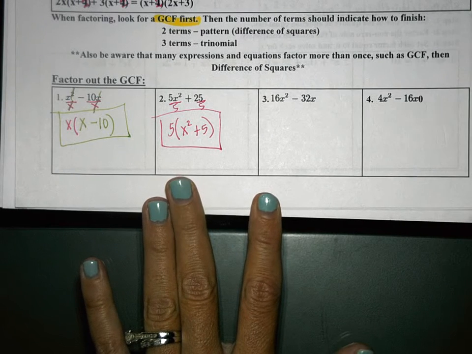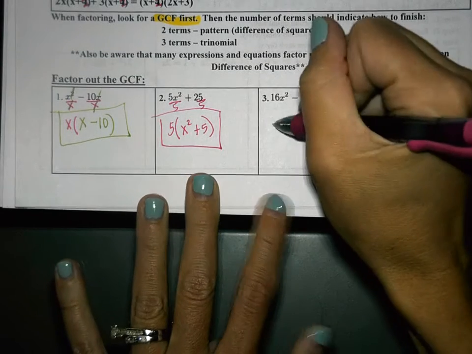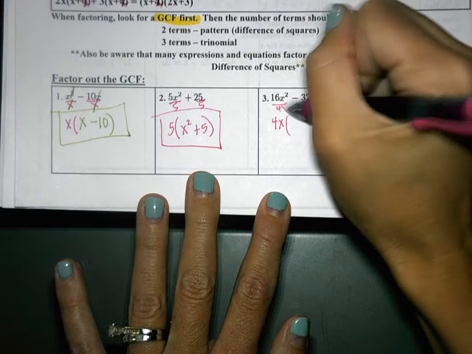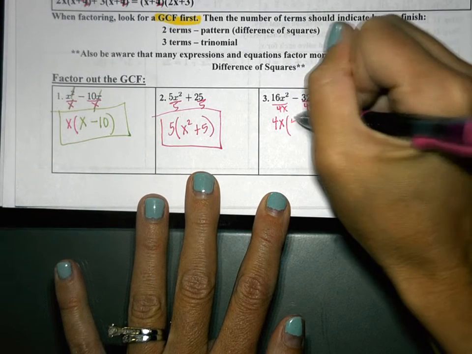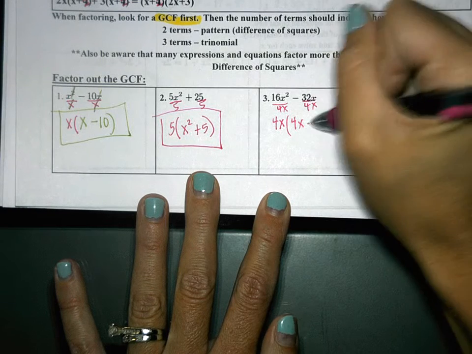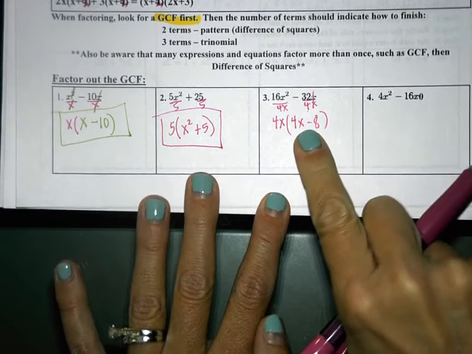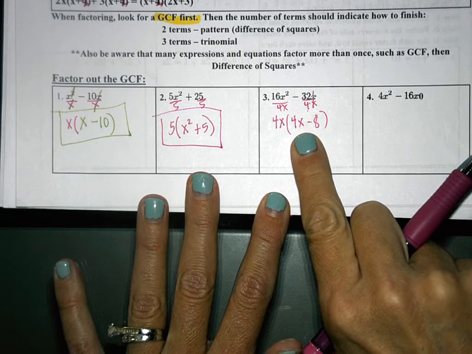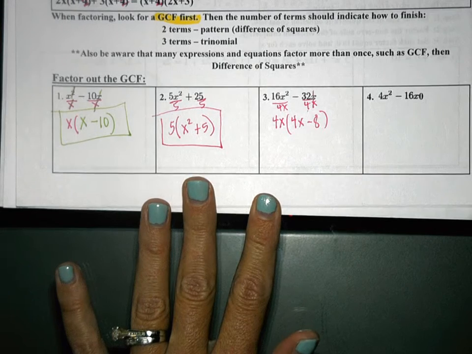Okay, let's say somebody said 4x. You don't have to write 4x, but I'm going to do 4x here first because I want to show you that you want to double check things. So if I were to divide each of these by 4x, 16 divided by 4 is 4x, and then here 32 divided by 4 makes 8. Looking at this, do you see how there's still another 4 that could have been taken out? And so at that point you're like, oops, I could have taken out another 4.